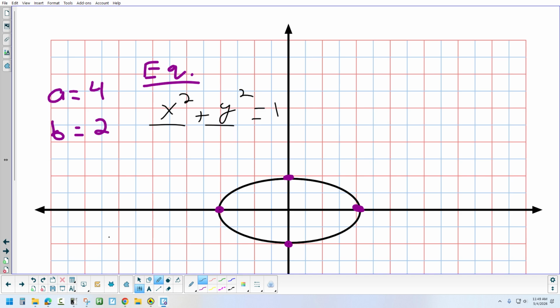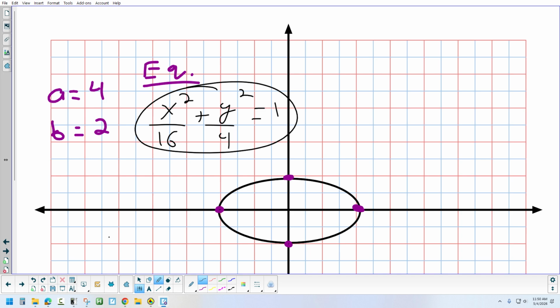No, we don't want a 4 under X. Yep, 16. So 4 is the number that's going to help you figure out what goes under X, but we got to square it. What goes under Y? Yep, 4. And there is your equation. Didn't have to deal with C at all.